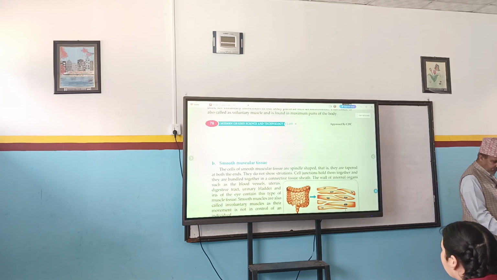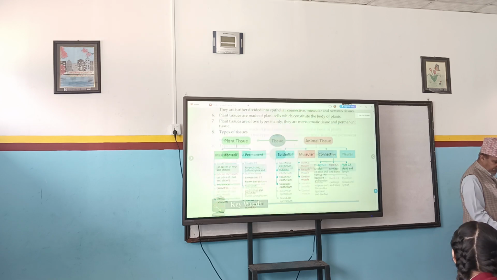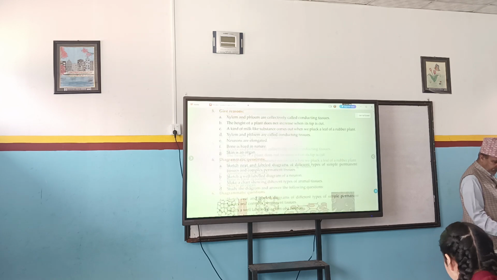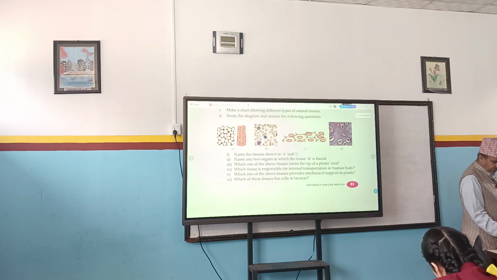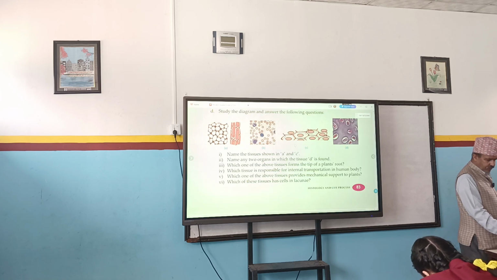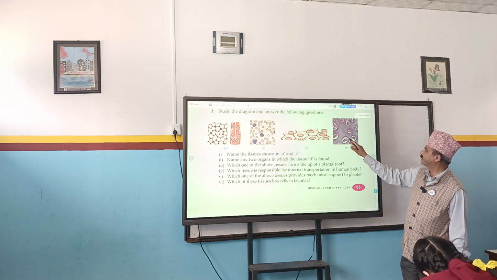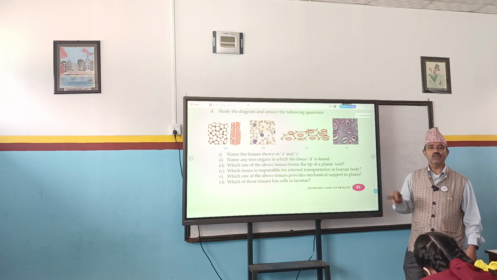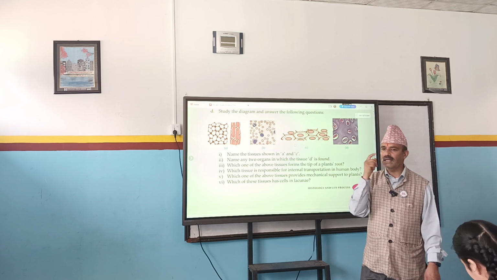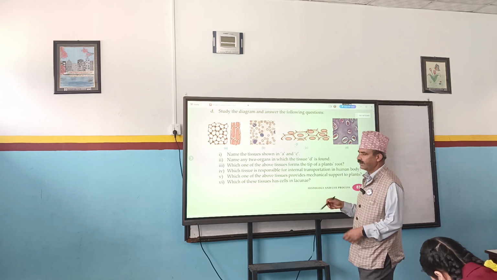Simple permanent tissue. Okay, because two are given, no? If two are given, simple permanent tissue. Okay. Now number B. What is question number B? Name two organs in which the tissue D is found. Tissue D is cartilage. So cartilage is found in nose bridge and in pinna. Nose bridge, pinna. Okay.